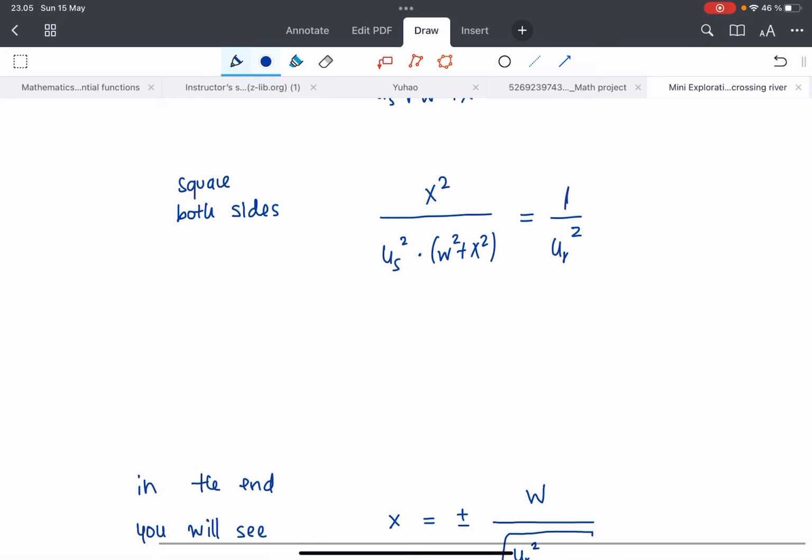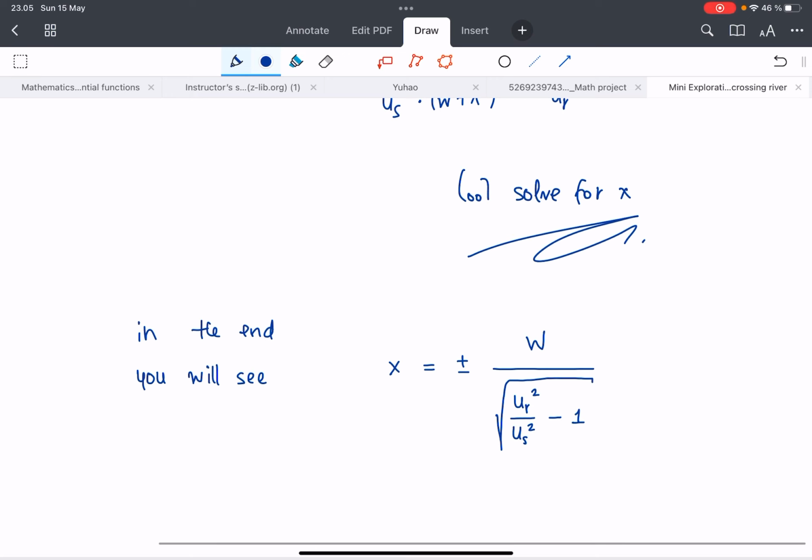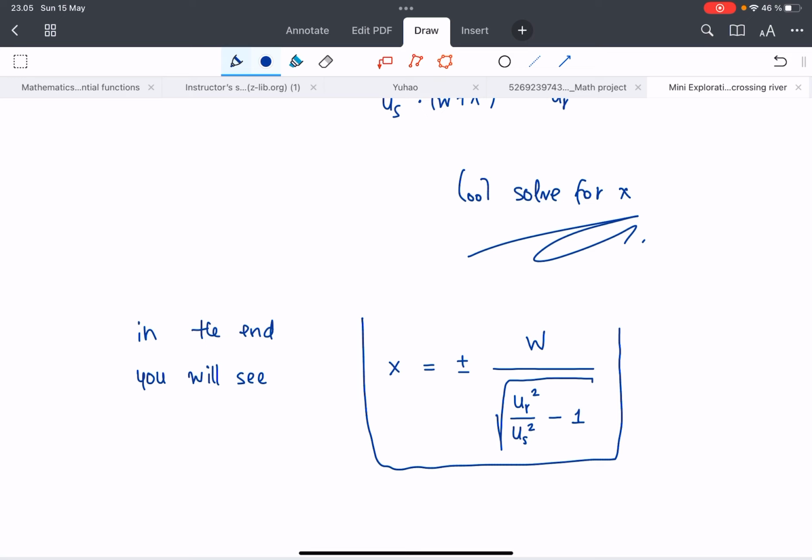And we need to solve for x. So try to do this, and you will end up finding an expression like the one over here.